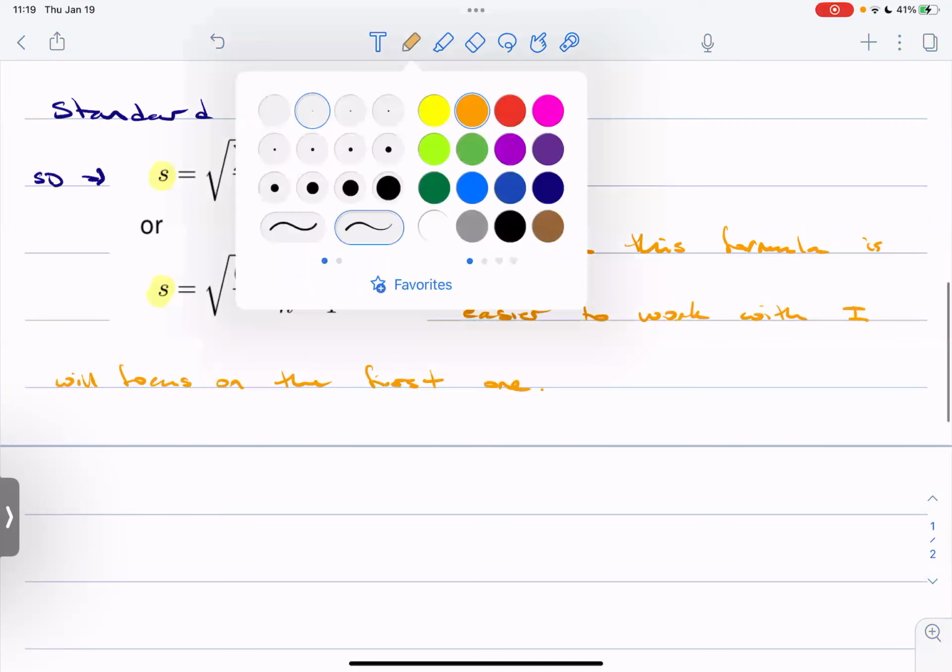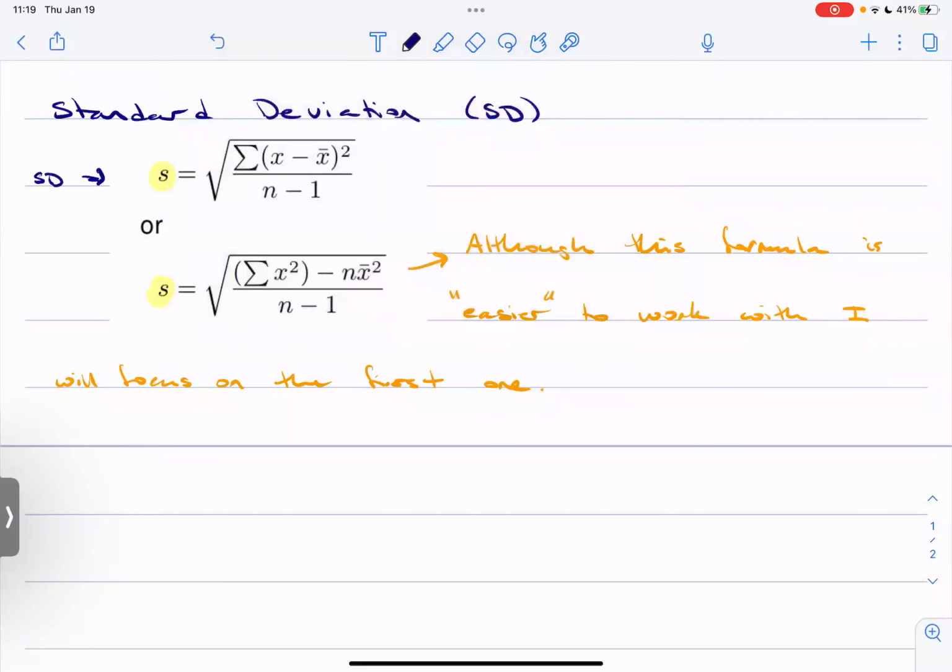Because all you would need here is to find X bar, square each value, and sum. Everything else is just ends.